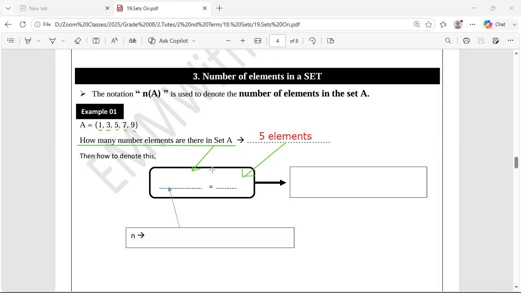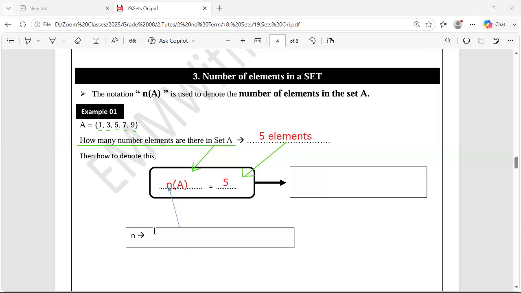If you want, you can put some arrows there so that you can understand what we have done. So, number of elements in set A, how to represent that? Very basically, n(A) equals 5. n(A) equals 5.